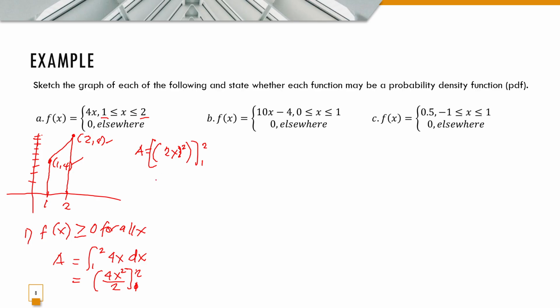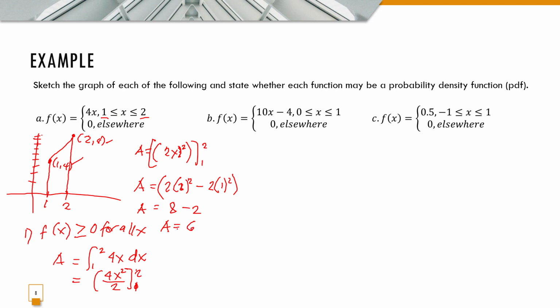We substitute the values: area is equal to 2 times 2 squared, minus 2 times 1 squared. So 2 times 4 is 8, minus 2. The area is 6.